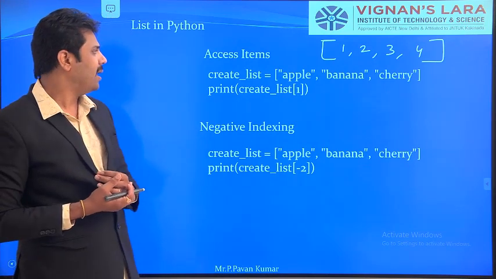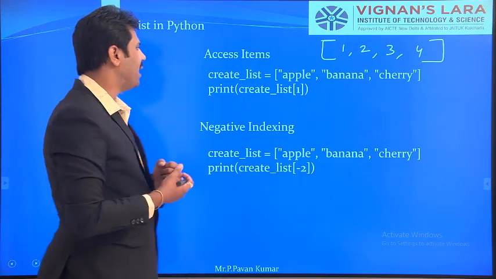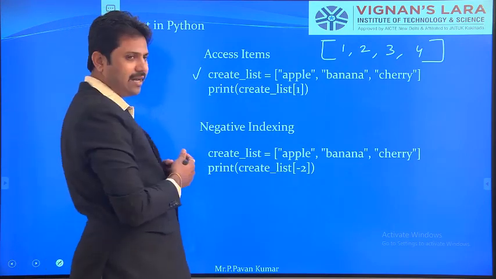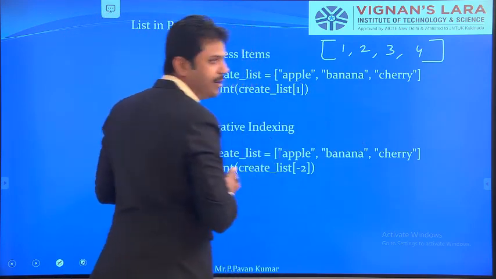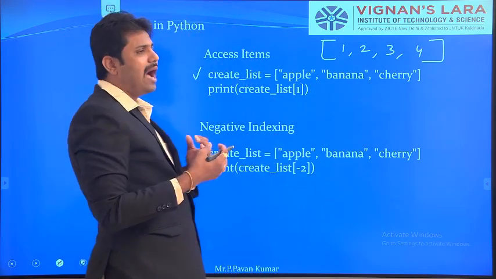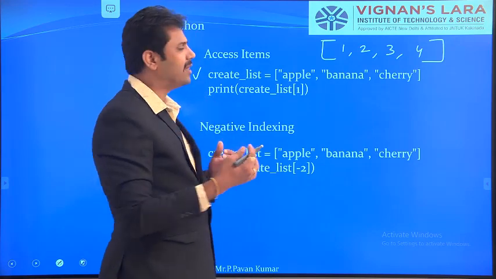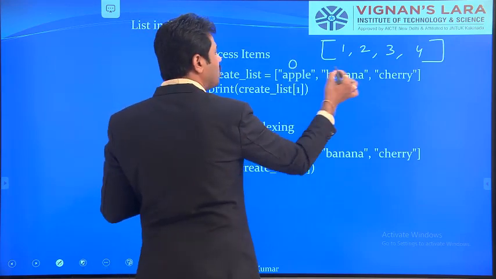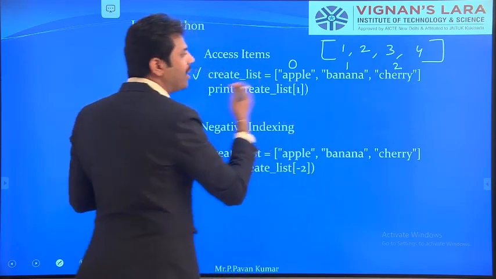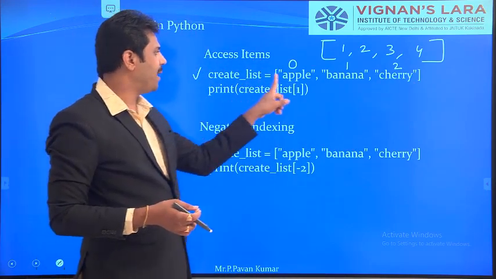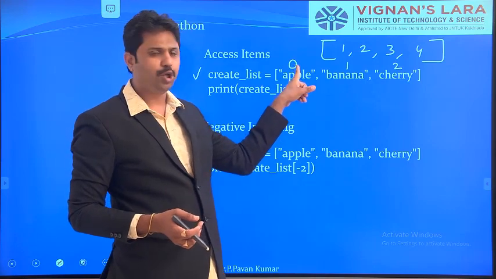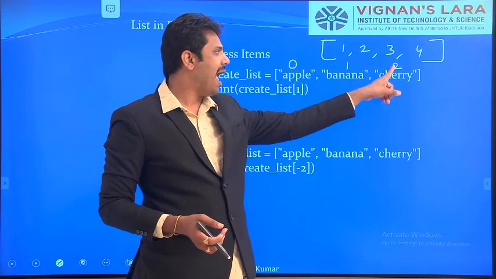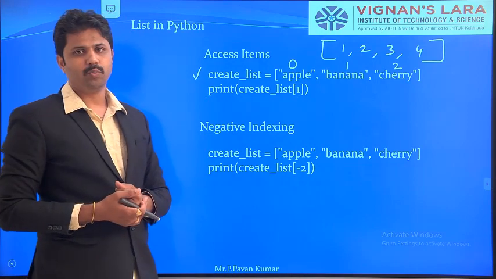For example, I have a list named create list that contains the elements apple, banana and cherry. For indexing, you can use 0, 1, 2. That means the index of apple is 0, banana is 1 and cherry is 2.